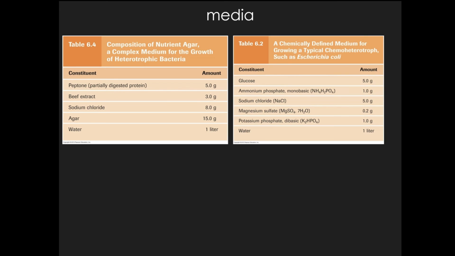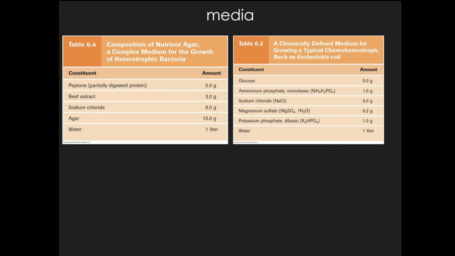So most of the time, we don't work with chemically defined media for microorganisms. We work with complex media, because complex media like nutrient agar or Luria Bertani agar or tryptic soy agar or things like that will grow heterotrophs very nearly optimally, and that's good enough for us.